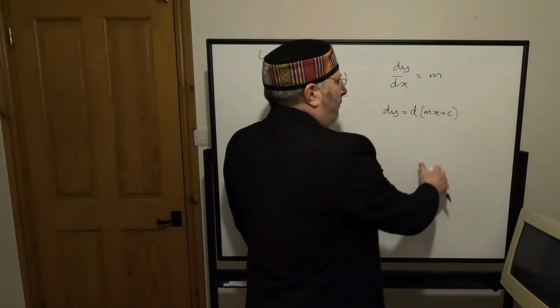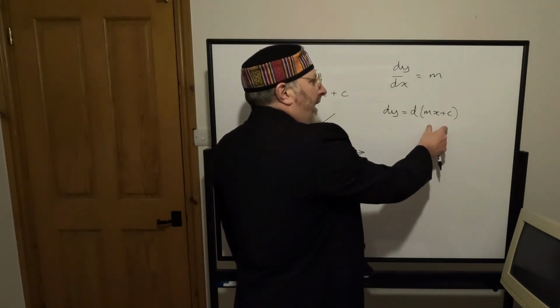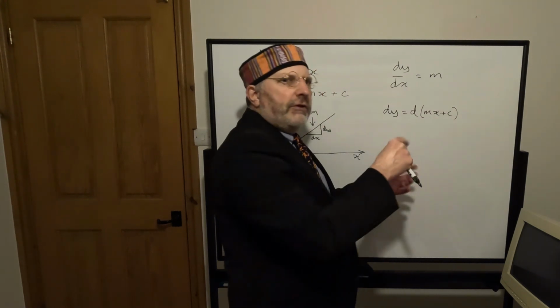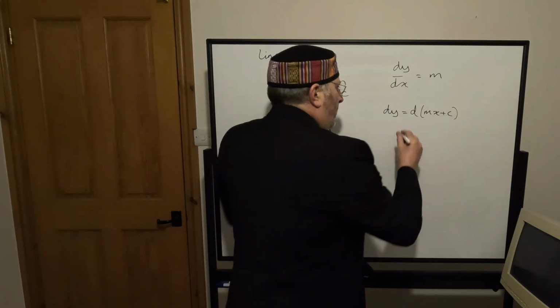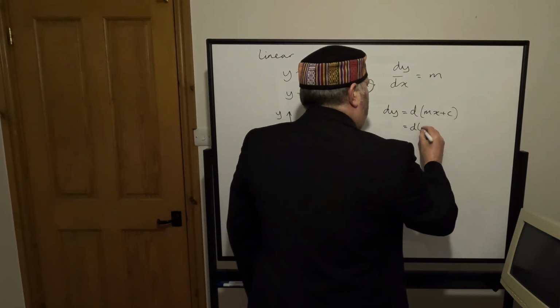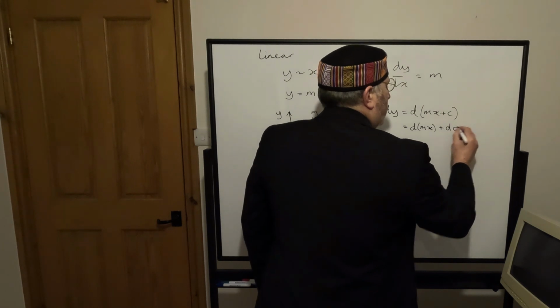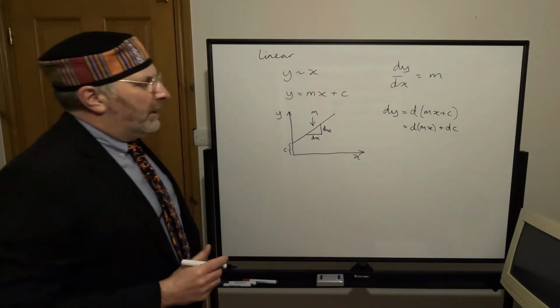Well, this is a change, so when we've got two things added together, the change of the two things added together is just the sum of the changes in each one. So we can write this as d of mx plus d of c, which I can just write as dc.